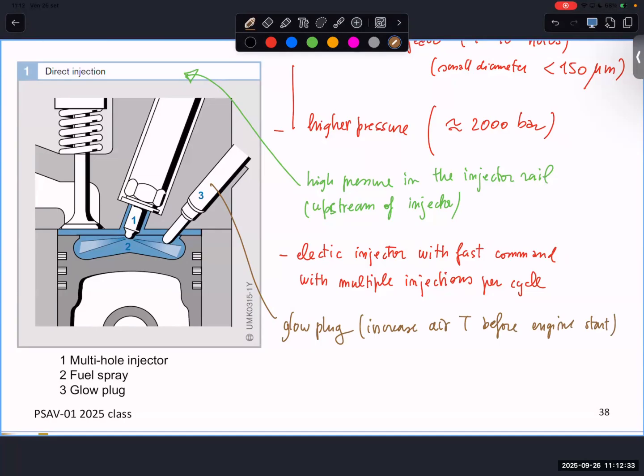So generally, when you switch on the dashboard, you can see that there is something that is related to the glow plug. There is an amber light. You wait just a couple of seconds, and after you can switch on the engine.